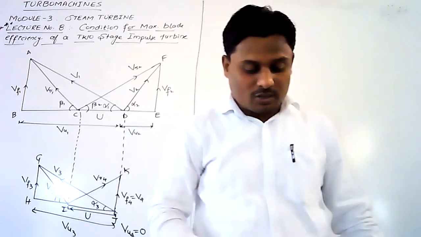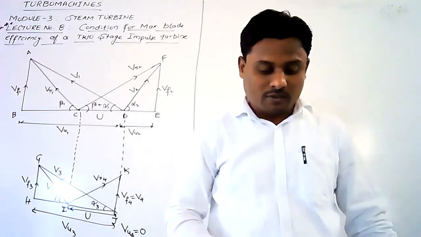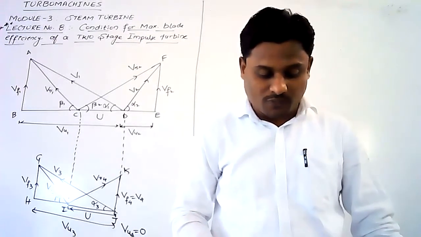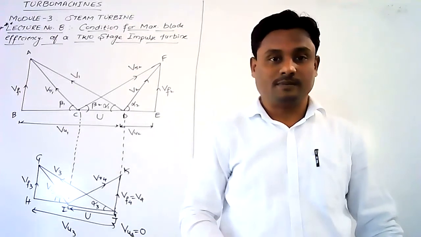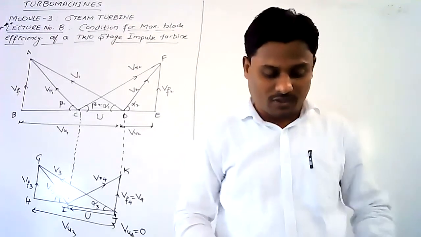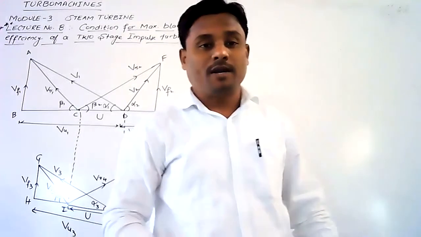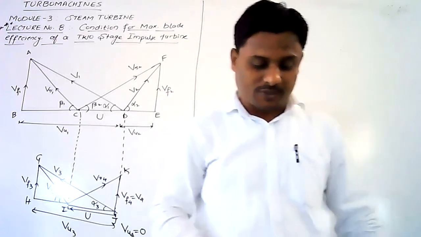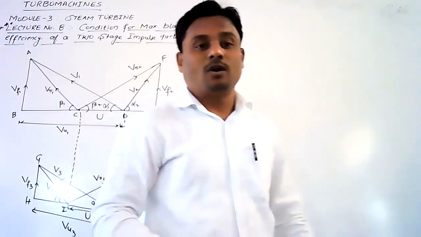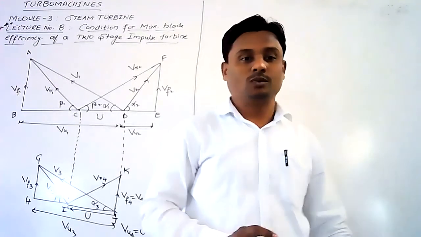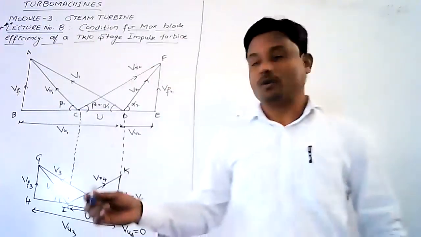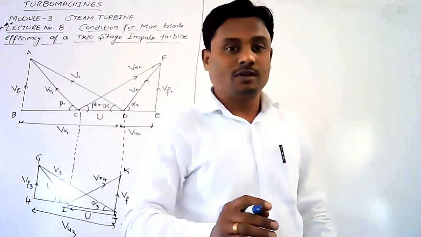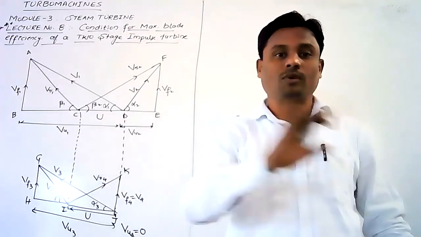The speed and angle should be so selected that the final absolute velocity V4 must be axial, that is, V4 must be axial or vertical in nature, so as to obtain the maximum blade efficiency. The tangential speed of both the runners is the same. That is, U for the first stage is equal to U for the second stage. The tangential velocity for both runners is the same as they are mounted on the same shaft.